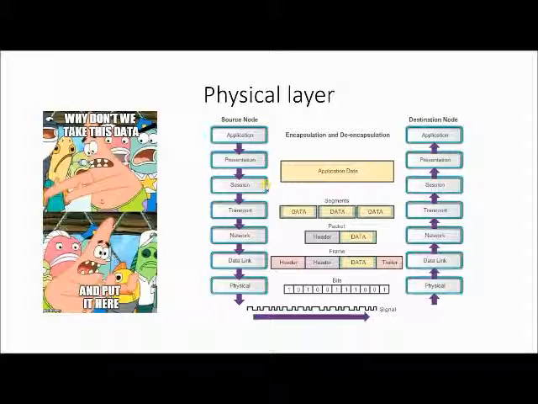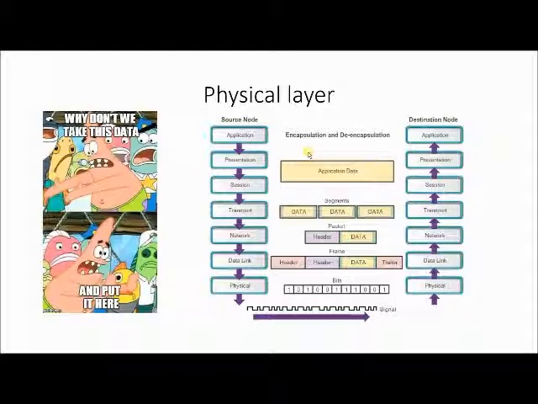The process of doing this is: the user data is separated by the transport layer, packed by the network layer, and encapsulated into frames by the data link layer. The physical layer encodes the frames and creates electrical, optical, or radio wave signals, depending on the case, that represent the bits of each frame.